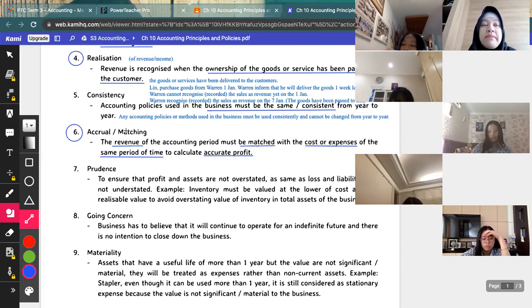Another example, water expense. Water expense is an expense that you must use first and be billed for later.